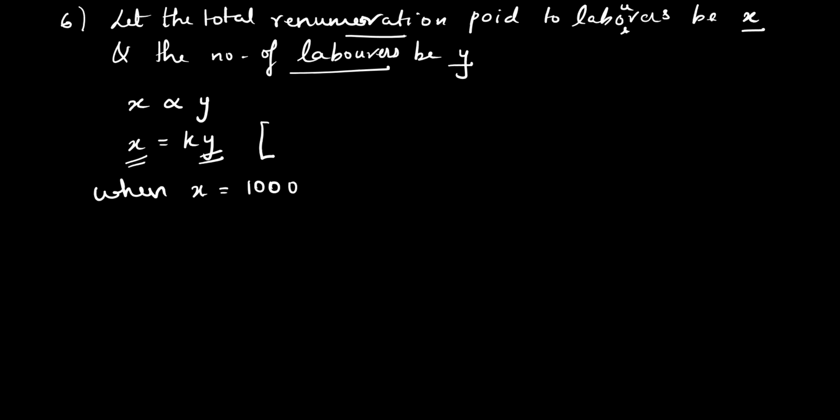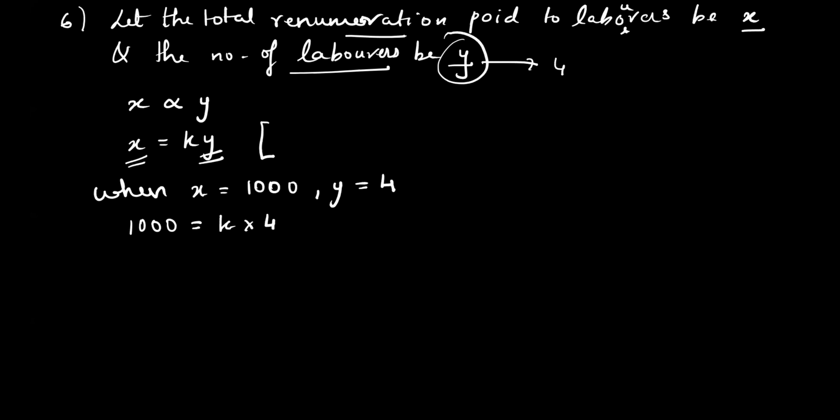So the number of laborers is 4, which is y. What is their remuneration? It is 1,000 rupees. So x is 1,000 and y is equal to 4. Substituting, 1,000 is equal to k into 4.